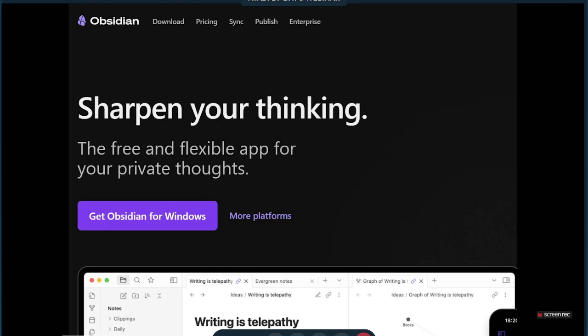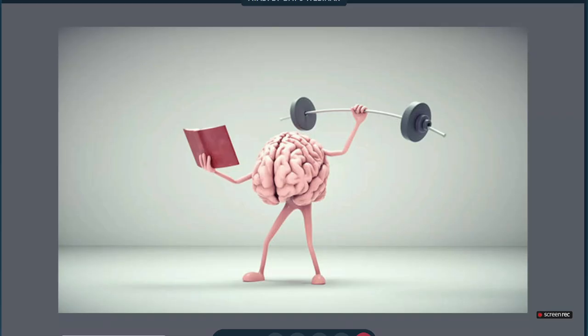PDFs can be thrown in, PPTs can be thrown in, figures, links, and yes, Obsidian is pretty close to what Notebook LM and Notion can do, but it offers much more on the free version.